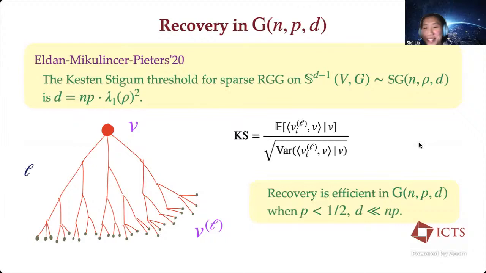So here's the thing. Through talking with experts in this field, with Schramm and Bangachev, they told me that essentially recovery is efficient. People believe, or could even already prove using some existing technique, that recovery is efficient in the random geometric graph when d is much smaller than np.